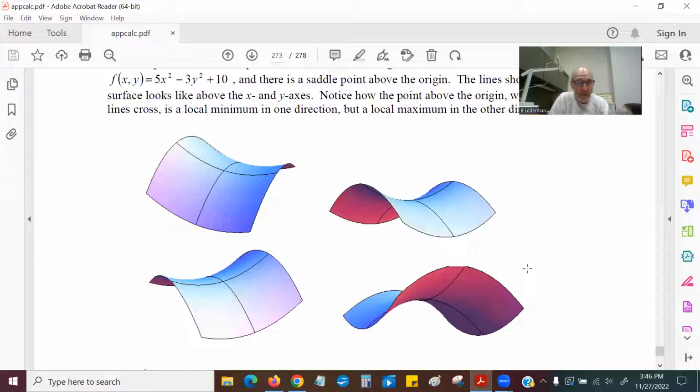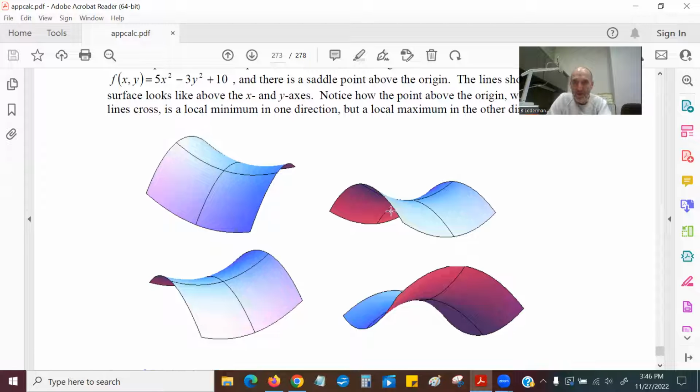If I were to graph that, again, you need three-dimensional graph paper. As I said, I very highly recommend GeoGebra for three-dimensional graphs. This point right there, where we'll see those two lines intersect, is called a saddle point.